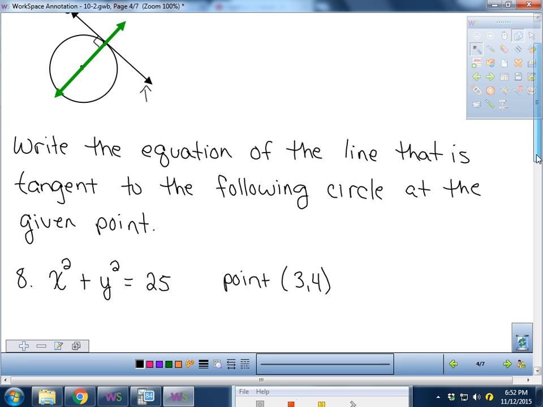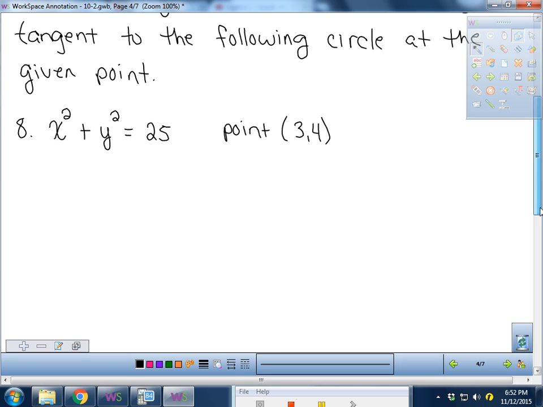So here's the thing. In order to write the equation of a line, you either have to know the slope of that line and a point on that line, or 2 points on that line so that you can get the slope to write the equation. So right now, they're going to tell us that this is on our circle and this is the point at which it's tangent.